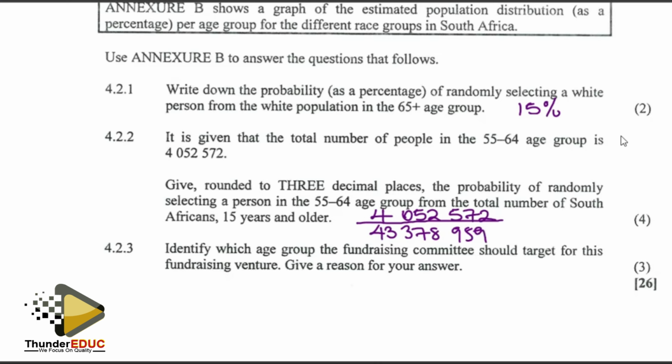We don't multiply by 100 because they want it as a decimal. So they want it to 3 decimal places.